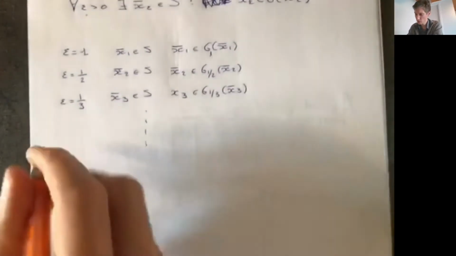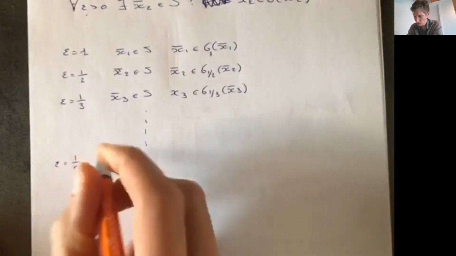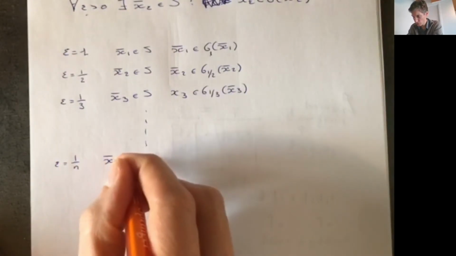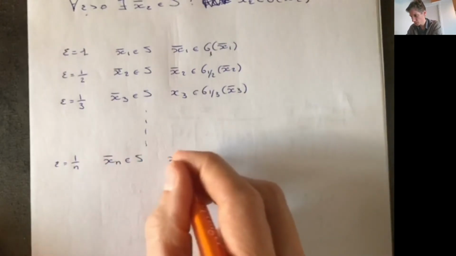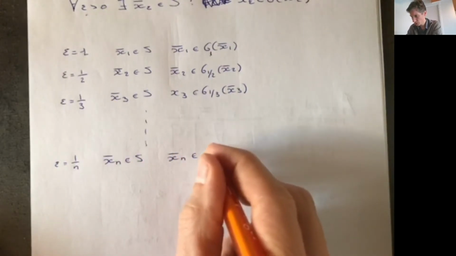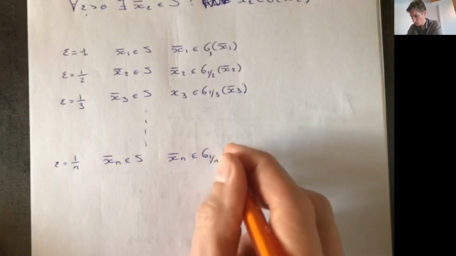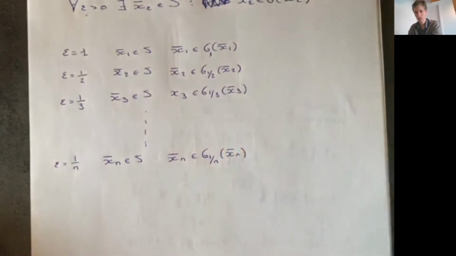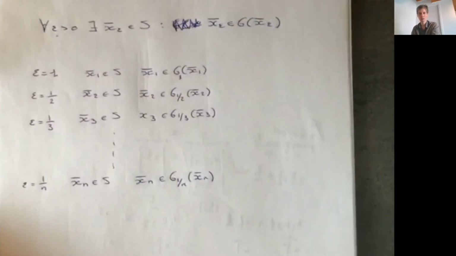Okay, so in general, for epsilon equal to 1 over n, I can find a fixed point. Let me call it xn. And because it's a fixed point, xn is in g 1 over n of xn.